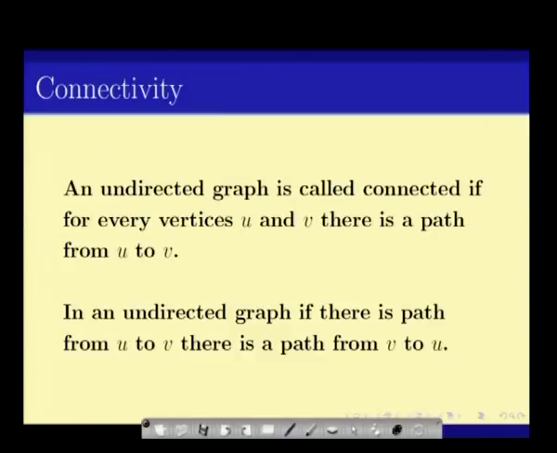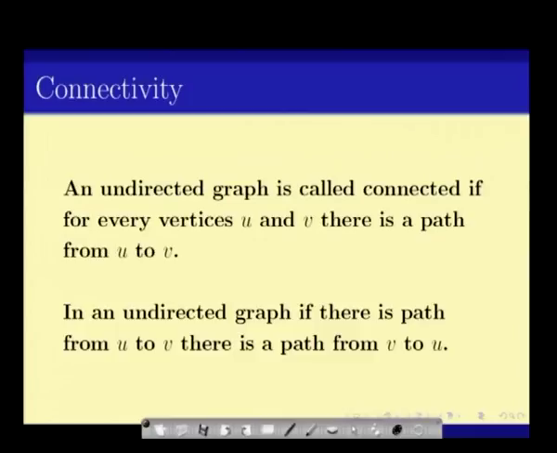Similarly, if between any two points there exists a path, then we call it a connected graph. And in an undirected graph, note that if there exists a path from U to V, then there is a path from V to U. So, an undirected graph is a path without any direction. It is not a one way traffic at all. Of course, if I can walk from my house to your house, then you can walk from your house to my house. So, if there is a path from U to V, there is a path from V to U.